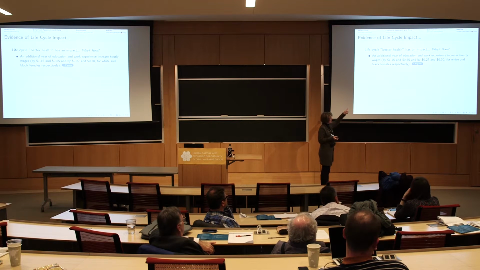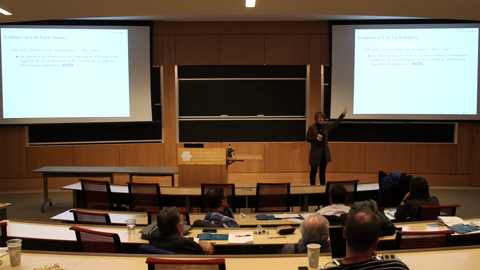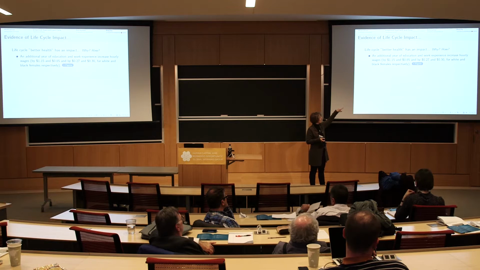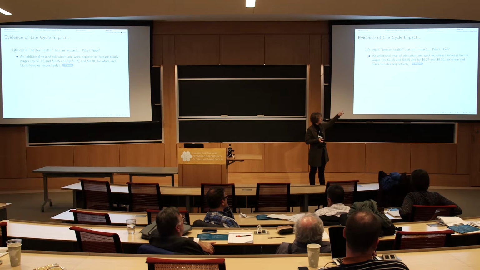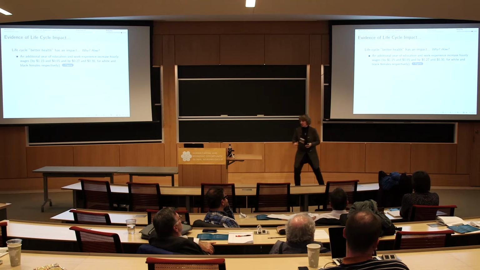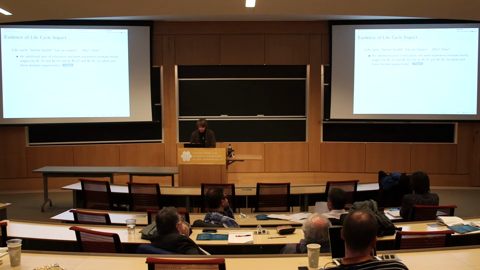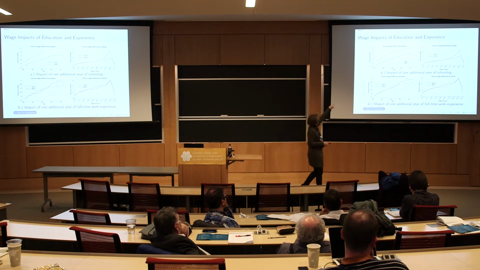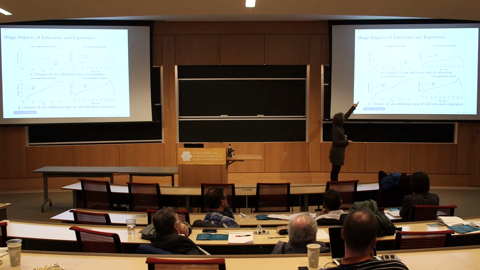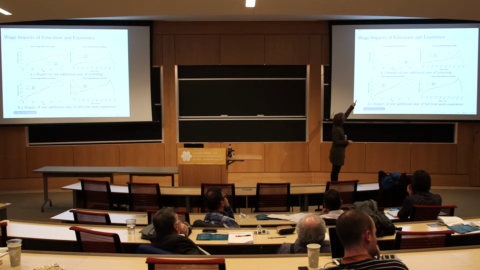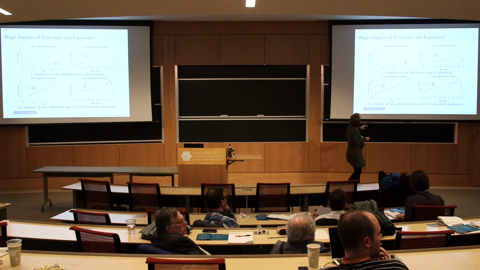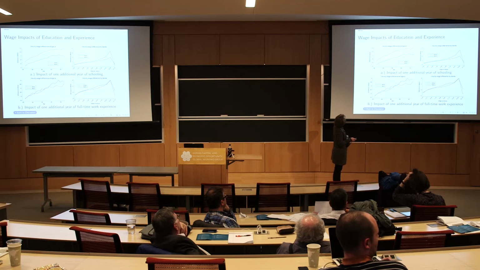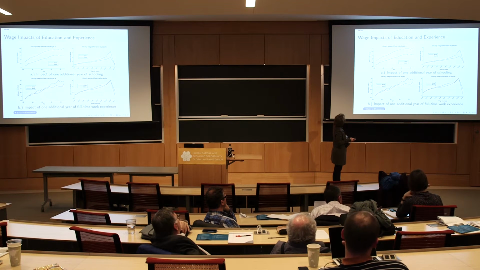An additional year of education and work experience, remember I allow these to be different for blacks and whites, is about $1.15 and 85 cents for them respectively, and for work experience is about 27 and 30 cents. So if we go to what happens to those things, this top panel is the difference in the effects of education and experience.